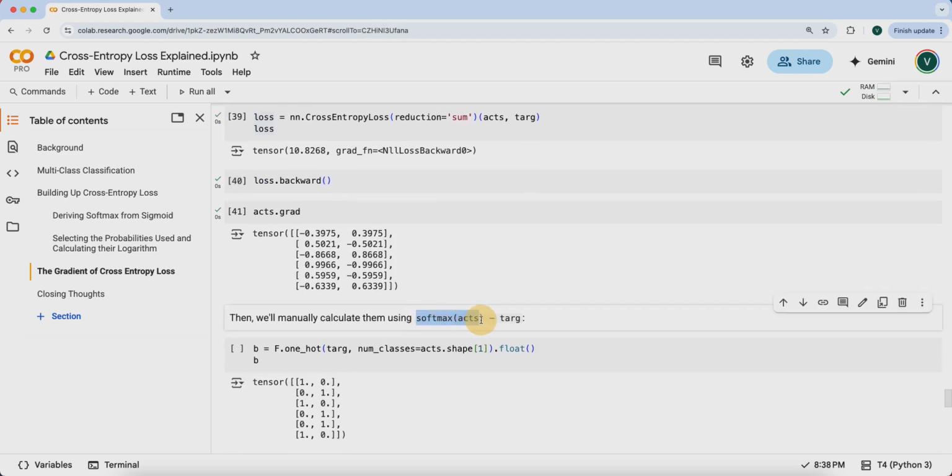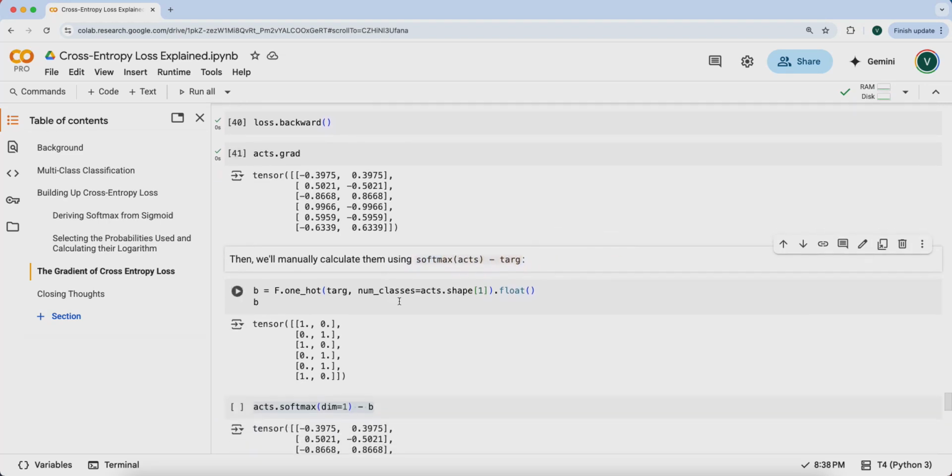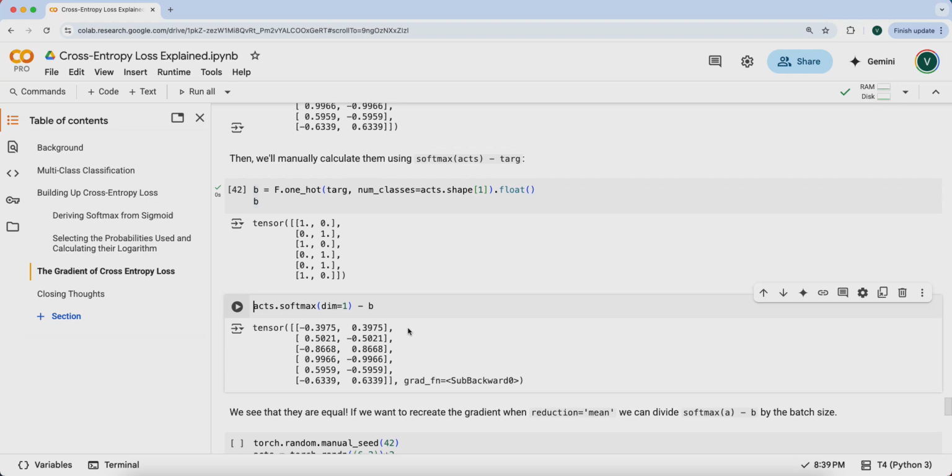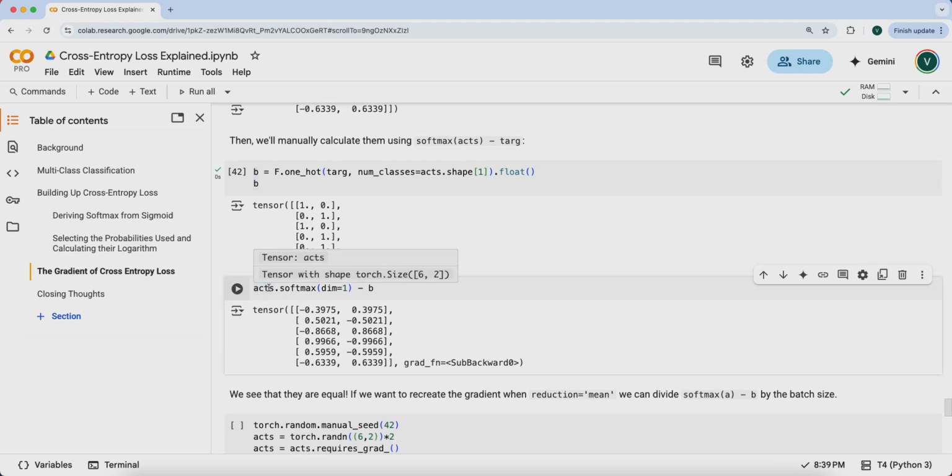So I want softmax of activations minus the targets. And because I have just a single 1D tensor of targets, I want to create a one-hot version, where the target class is 1 and the other class is 0. So I'm going to run that through here. Okay, so now we do the activations, softmax applied across the columns, minus the targets.